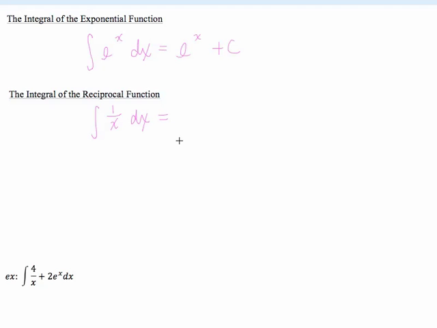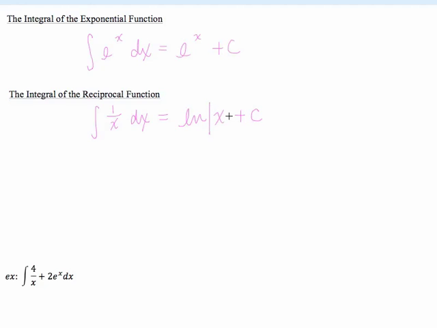You might remember that the derivative of the natural log of x is 1 over x. So this is the antiderivative, but I'm not quite done with it yet. We need a little bit more here, in part because the domain of the natural log function is simply x greater than 0, only positive numbers.